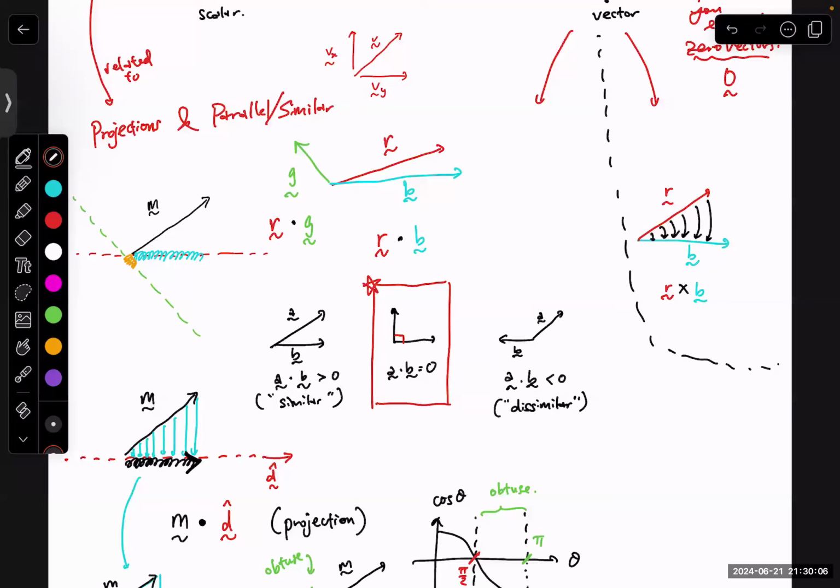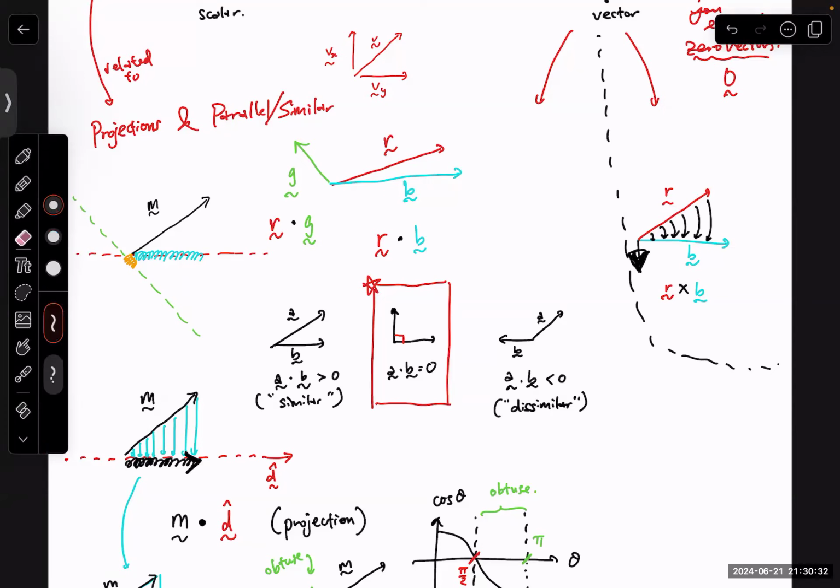For example, when I do R cross B like this, the vector grows into the page, so it points into the paper, into the screen.